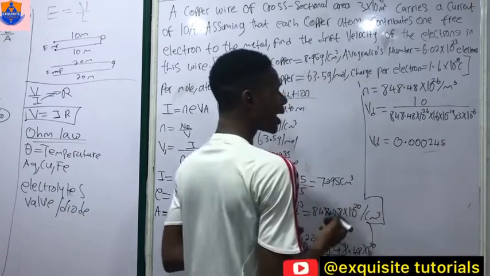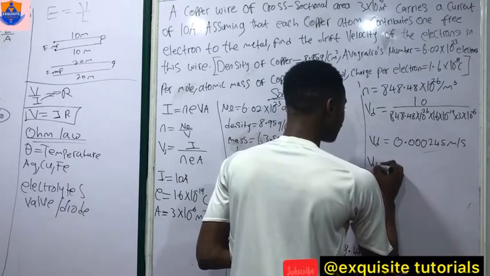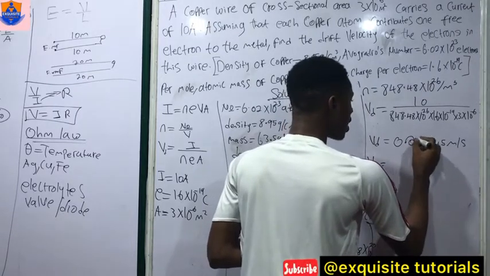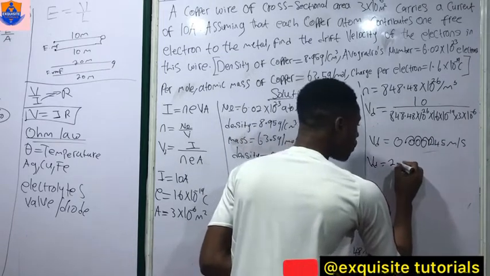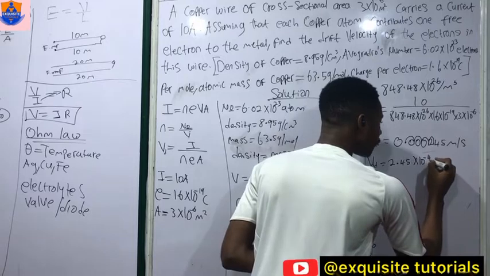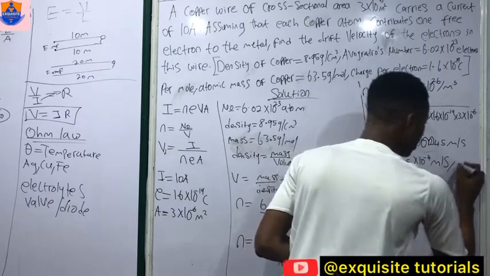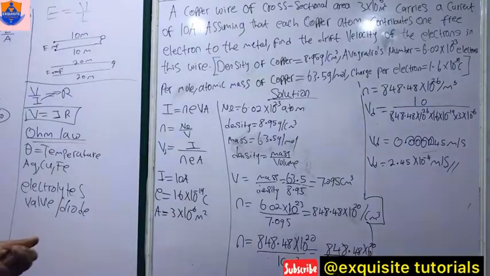Now let's put this in standard form. The drift velocity becomes 2.45 times 10 to the power of minus 4 meters per second. Okay, so that's the answer, and that is how we solve questions like this.